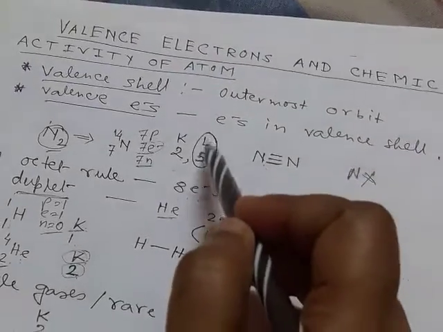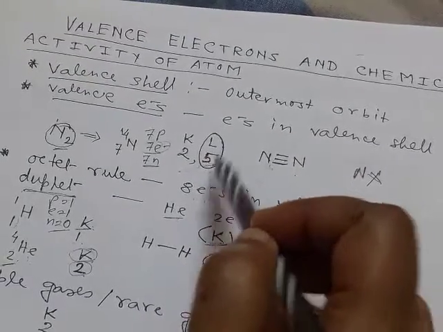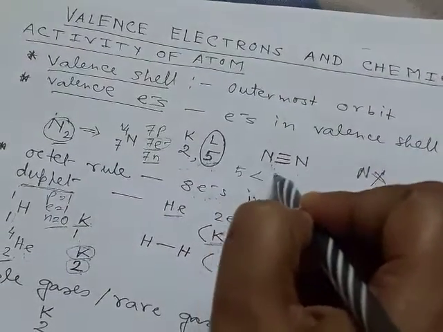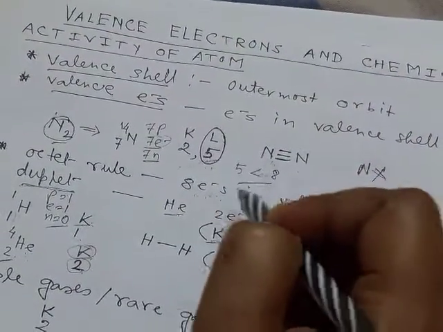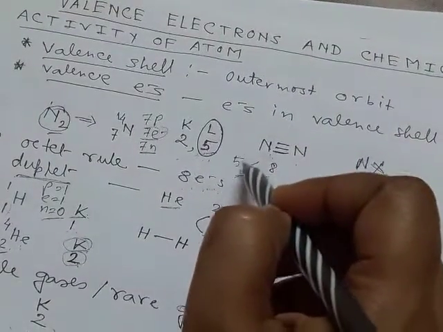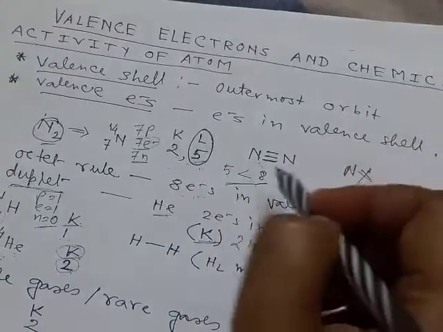For example, for a nitrogen atom there are 5 valence electrons. As 5 is less than 8, the nitrogen atom always has a tendency to gain 3 more electrons to attain the 8 electronic configuration.